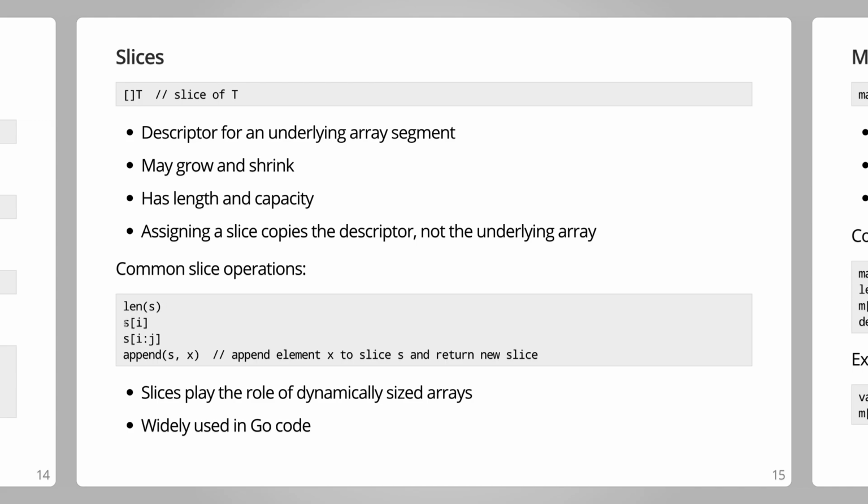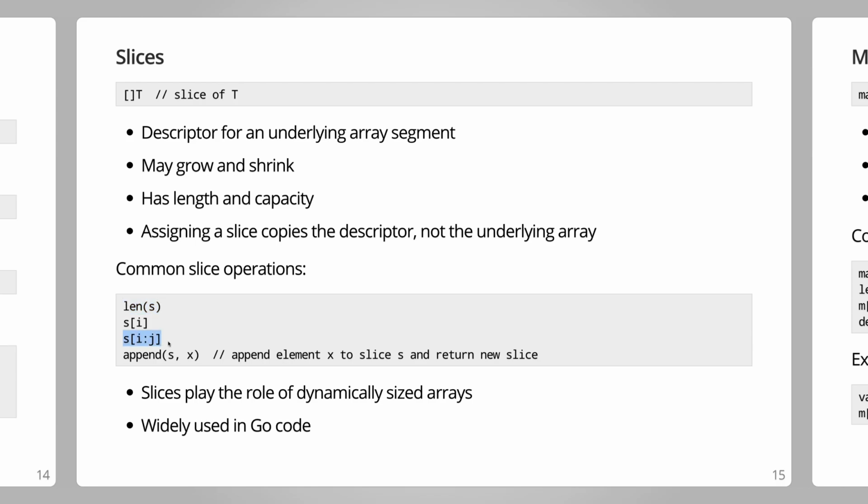For instance, if you want to access the ith element of the slice, this is how you would write it: s and these brackets, and the index i. So you're basically indexing into the slice s. Here you can compute how long it is, basically what's the length, how many elements it currently has.